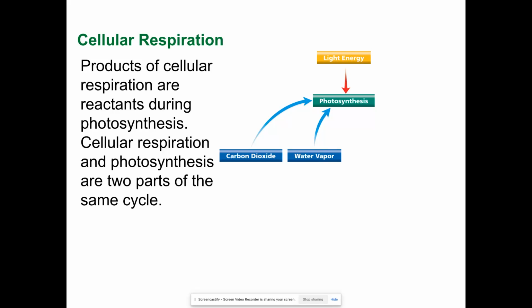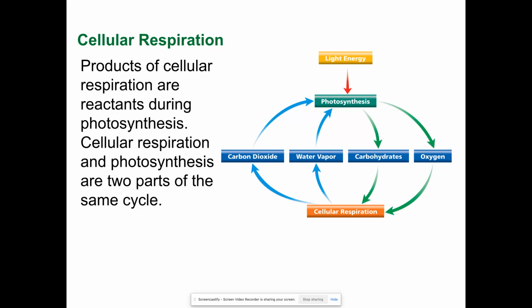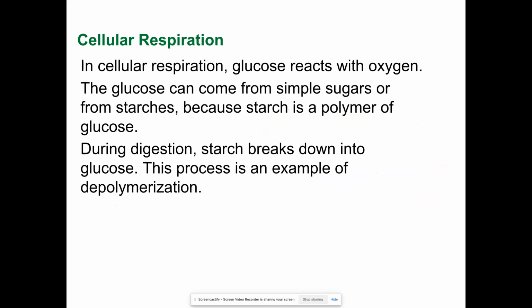Okay? So you get light energy, creates photosynthesis. The plants take in the carbon dioxide and water vapor and give us carbohydrates and oxygen. We take in the oxygen and we release carbon dioxide and water vapor. And the energy from the sun is released in that process.